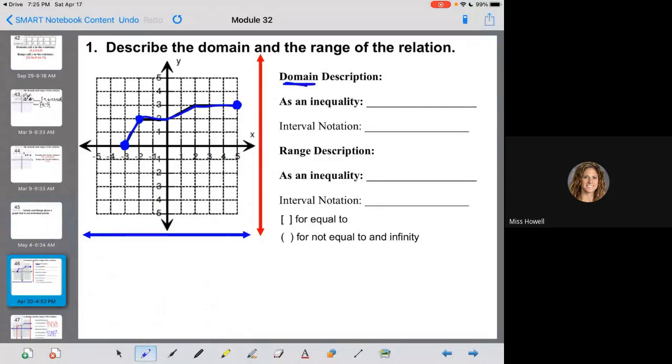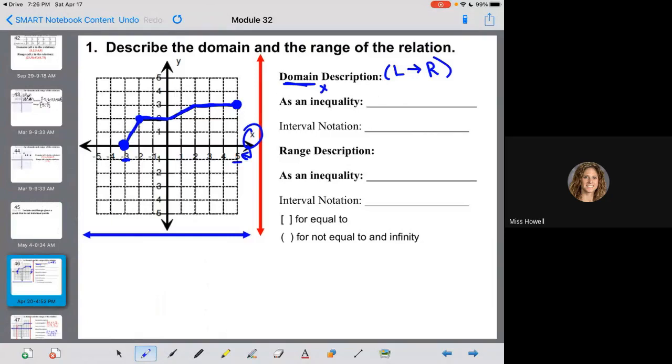For me, I think how far left to how far right, right? That's your domain. So if I start here, I'm at negative 3, right? Domain is your x, so I'm looking at numbers here on my x-axis. So I'm starting here at negative 3, and then it's continuous, until we get here, which is at 5.